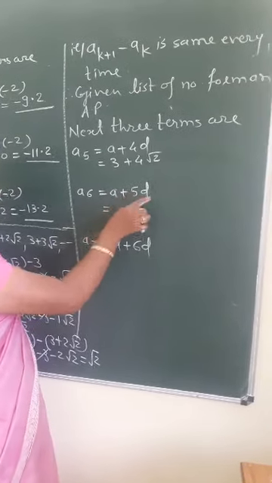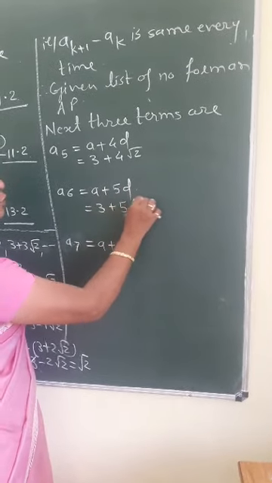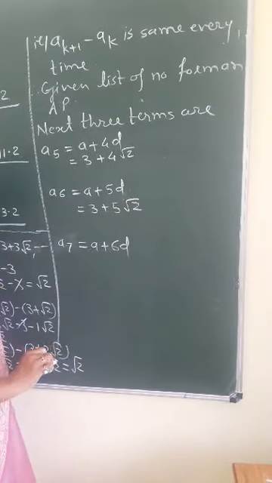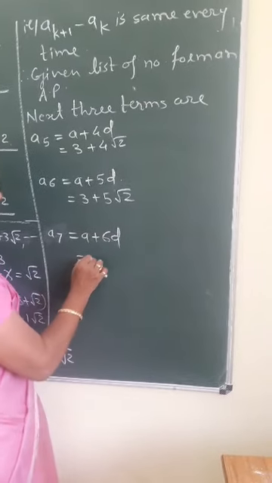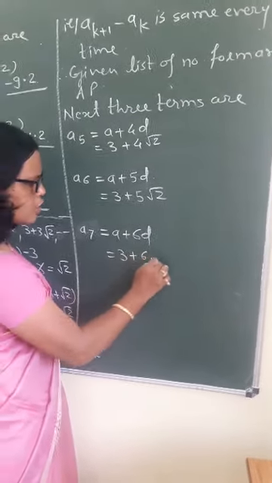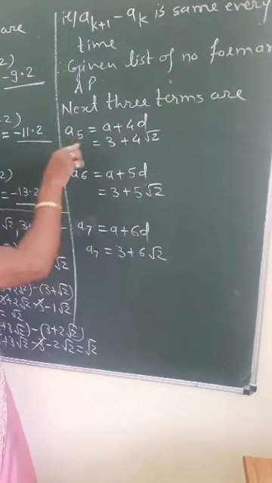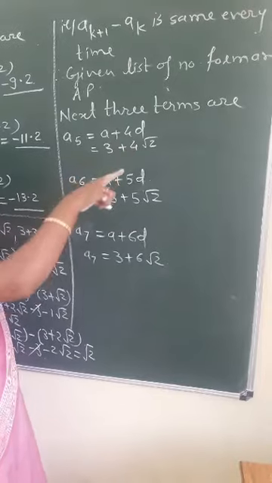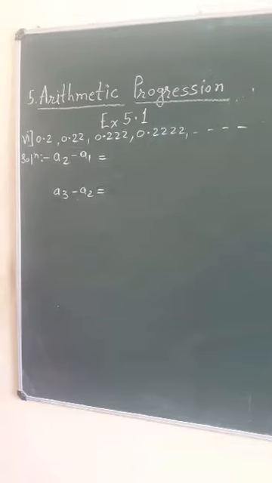Next it is A plus 5D. A means 3 and 5 into D means 5 root 2, and we keep this as it is. So A6 is 3 plus 5 root 2. And here again 3 plus 6 root 2, which is the seventh term. So the next three terms are 3 plus 4 root 2, 3 plus 5 root 2, 3 plus 6 root 2.